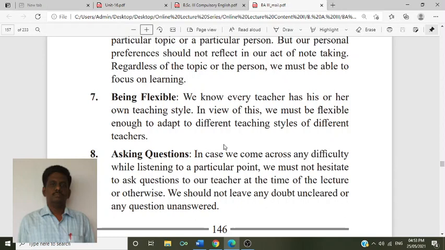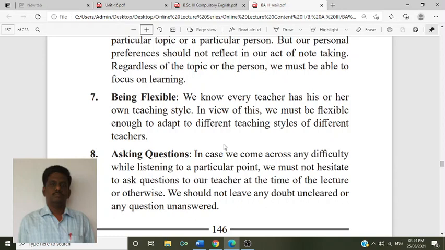So teaching style differs from teacher to teacher. We should be flexible regarding note taking, and when we are flexible we can easily take the notes from any teacher.